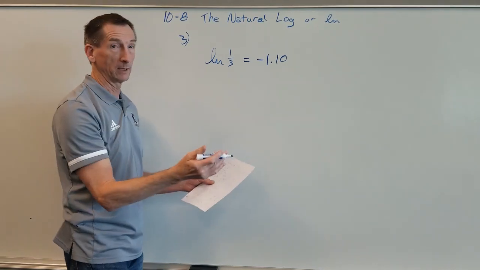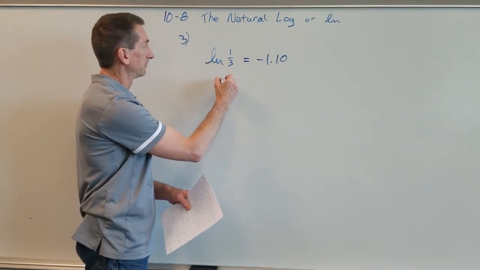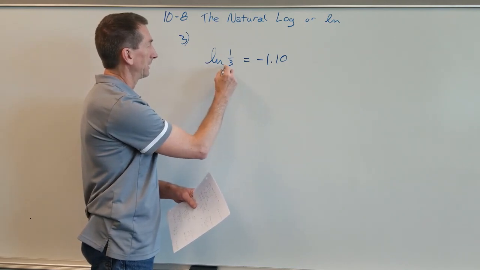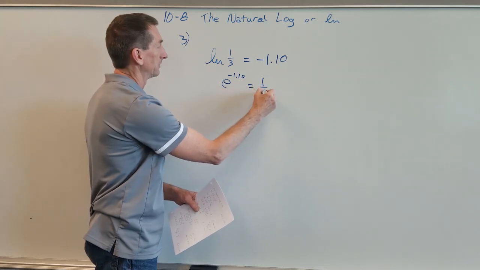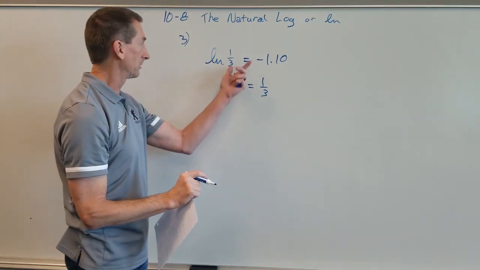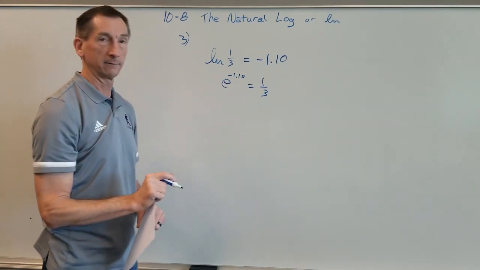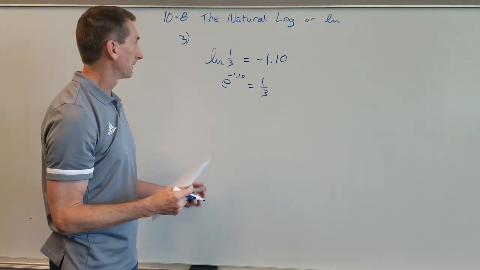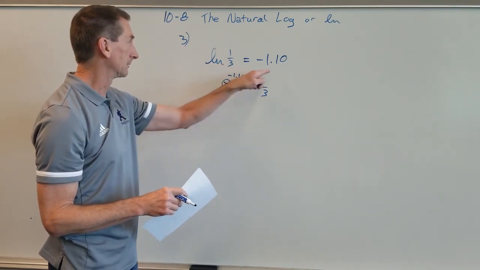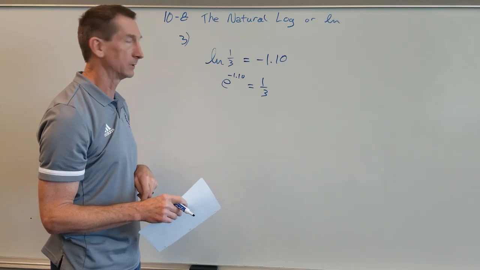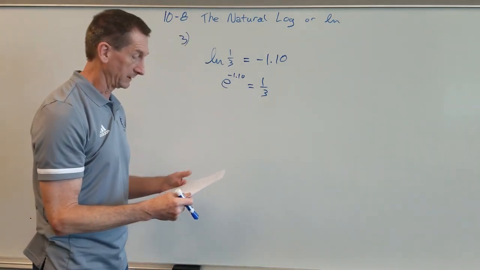Keep in mind, natural log is just log to the base e. So I'm looking for a number: e raised to what power, negative 1.10, is equal to 1/3. So I've gone from log form to exponential form, and that's really all we have to do there. Simple enough.